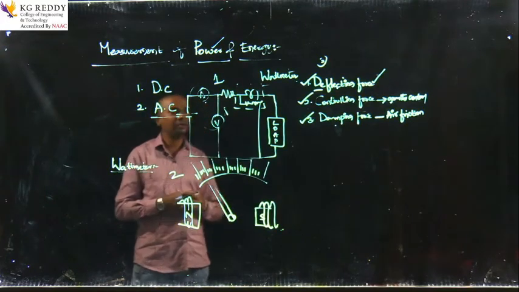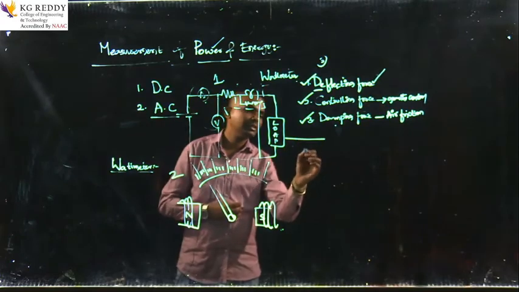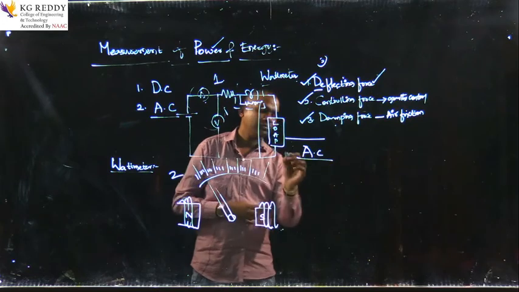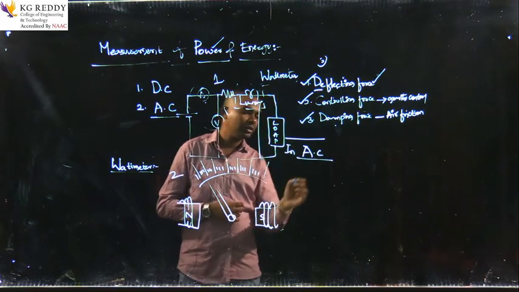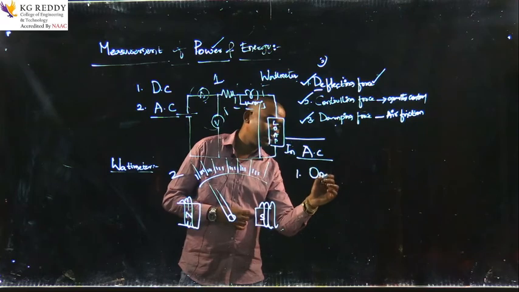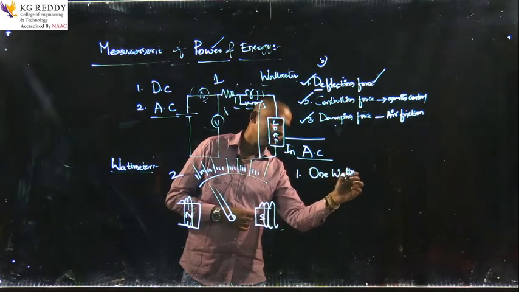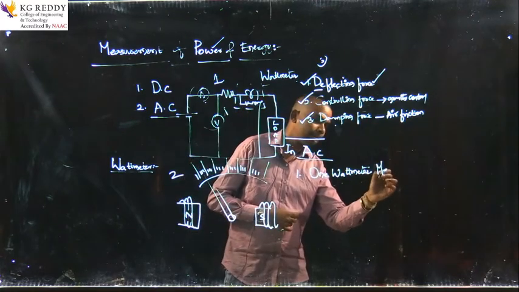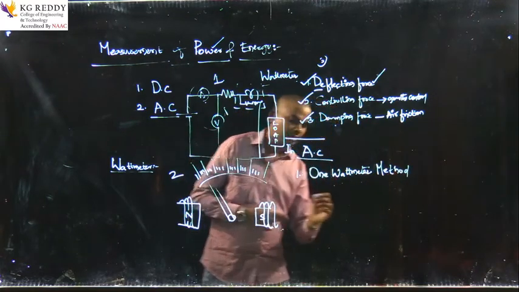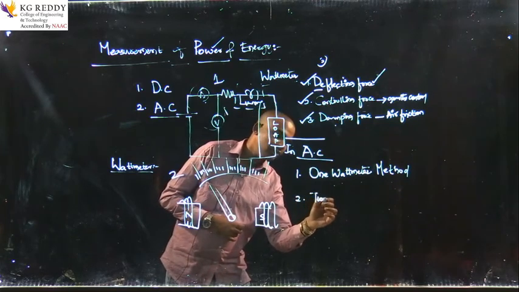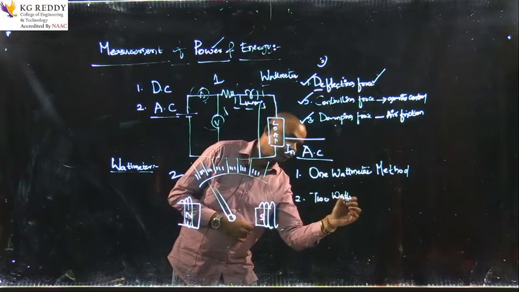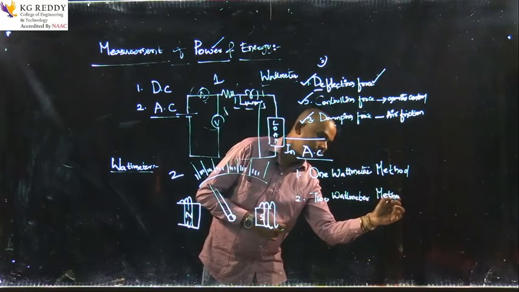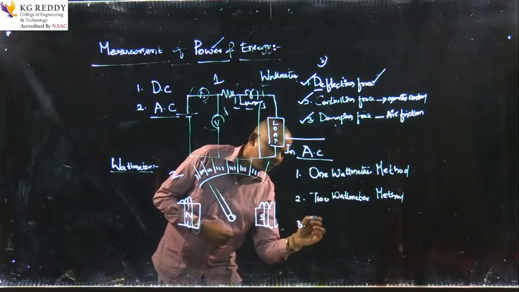In AC measurements we have three methods: the 1 wattmeter method for single phase, the 2 wattmeter method, and the 3 wattmeter method.